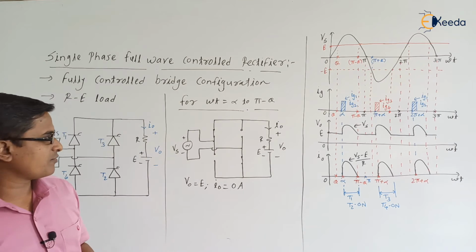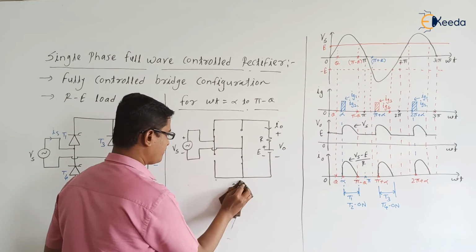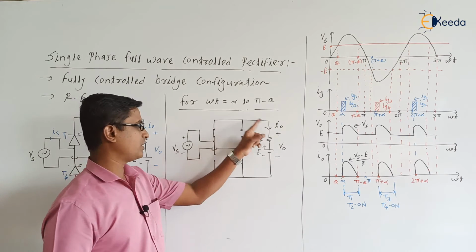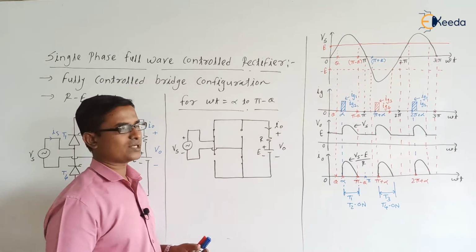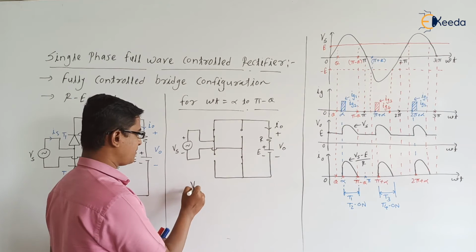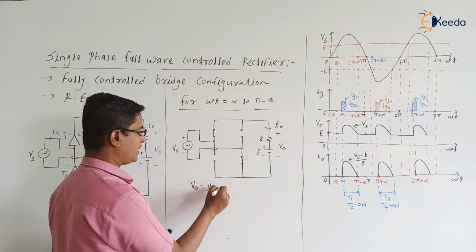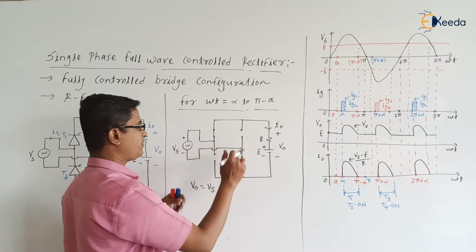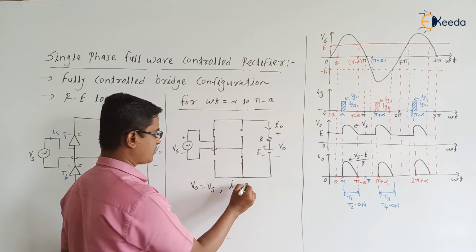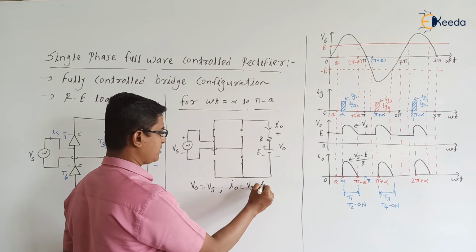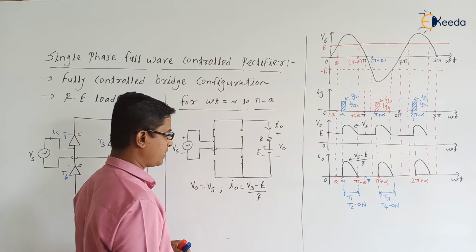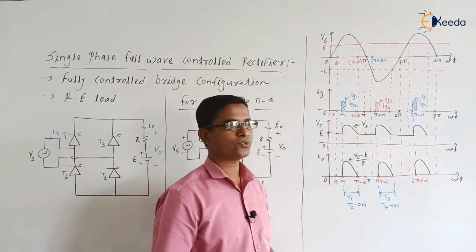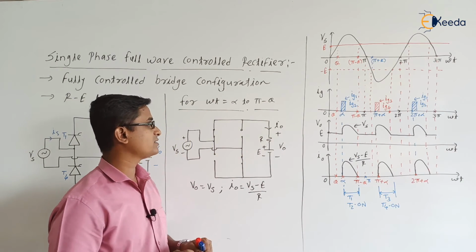Current will flow from Vs through T1, the load, and T2, and back to Vs. So V0 will be the same as the supply voltage, and I0 is equal to Vs minus E divided by R. This will continue till pi minus theta.